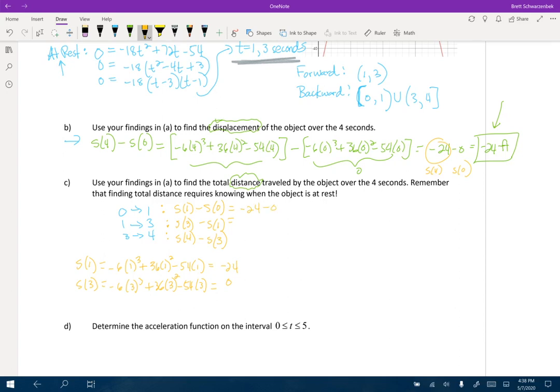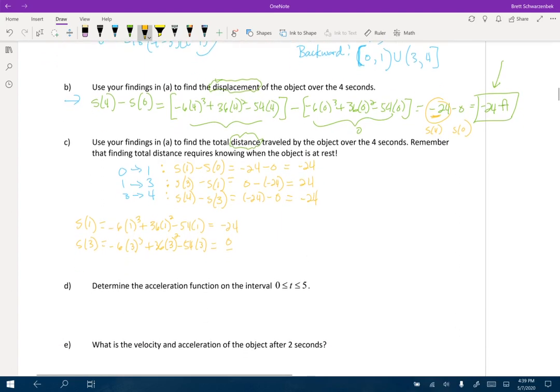From 1 to 3, for S of 3, we're going to get 0. We are subtracting S of 1, which is -24. And for S of 4 minus S of 3, S of 4 here was -24, and we are subtracting S of 3, which is 0. So if we do the math, we are going to get the following. Okay, so these are the displacements that we actually followed.